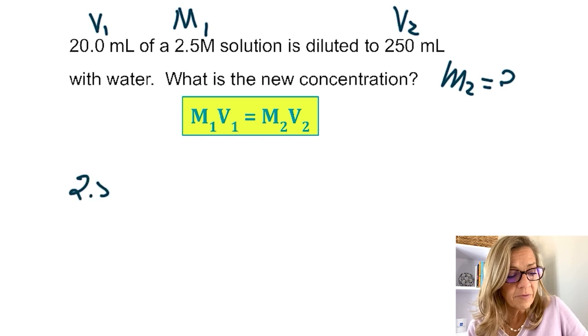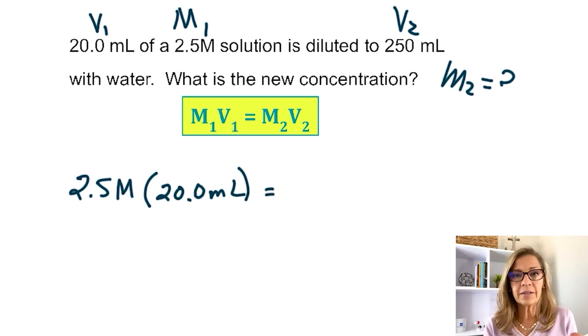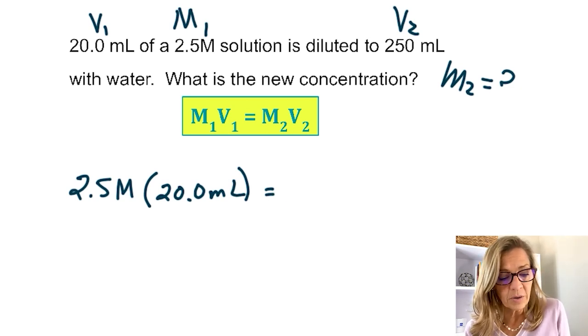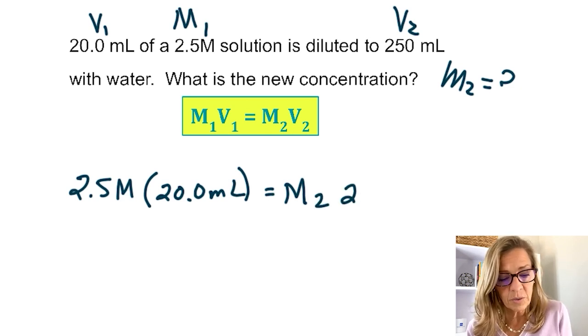So 2.5 molar times 20 milliliters. Now some of you may say, whoa, shouldn't you convert that to liters? It's not going to really matter with this equation, and I'll show you in a second. It's fine if you want to convert to liters. We don't know M2, so let's leave that as a variable. And then V2 is 250 milliliters.